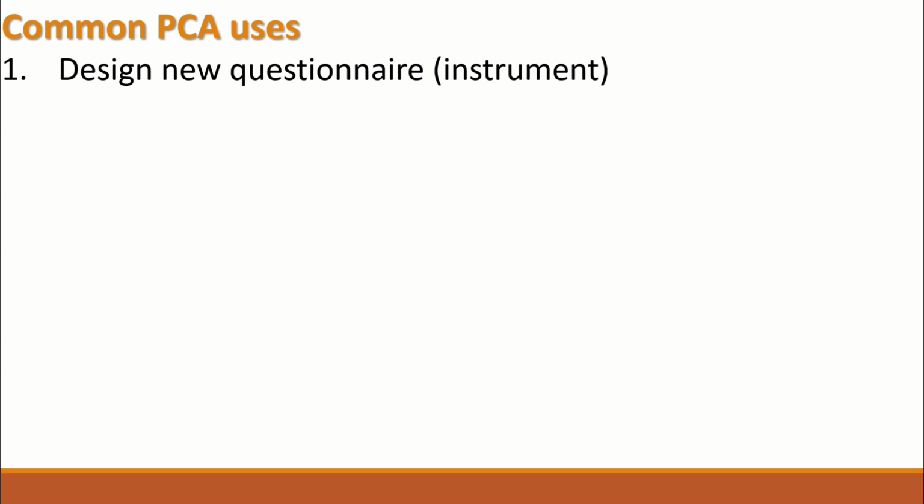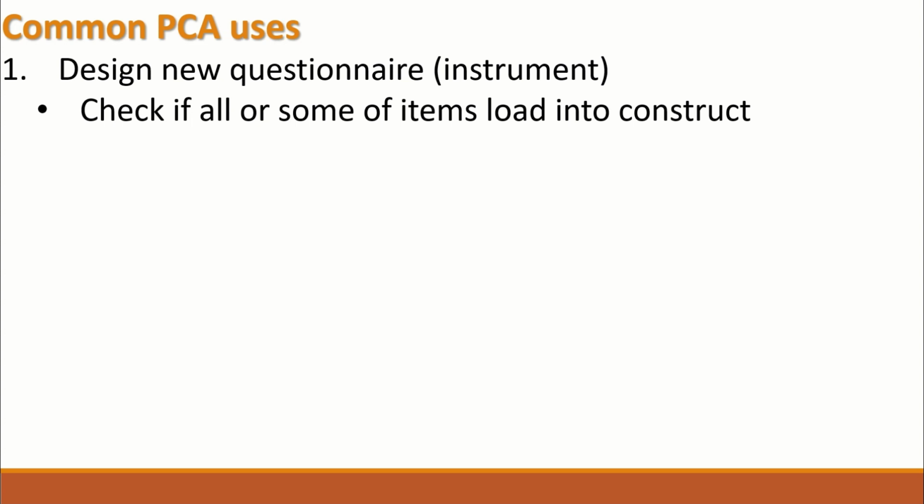When a researcher starts to design a new questionnaire or an instrument or a scale, then a PCA is a useful statistical method. The objective of performing that method is to check if all or some of the items load into a construct.